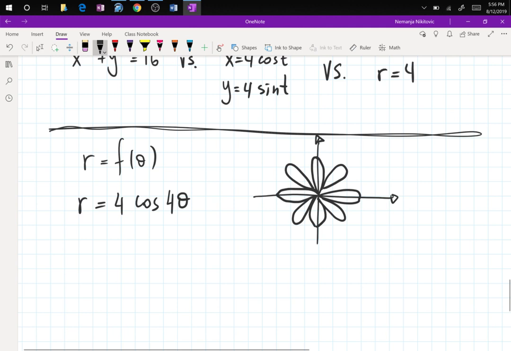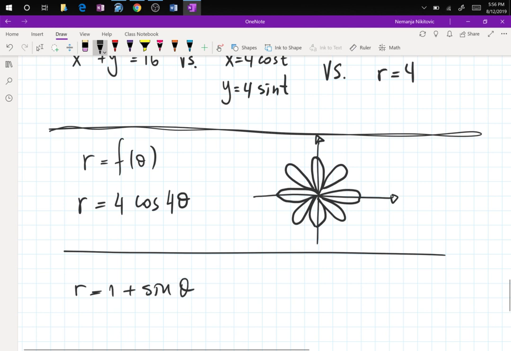Now, what we can do, we can say R equals 1 plus sine theta, and we get a shape that is called a cardioid. So R equals 1 plus sine theta, and it's in the shape of a heart.